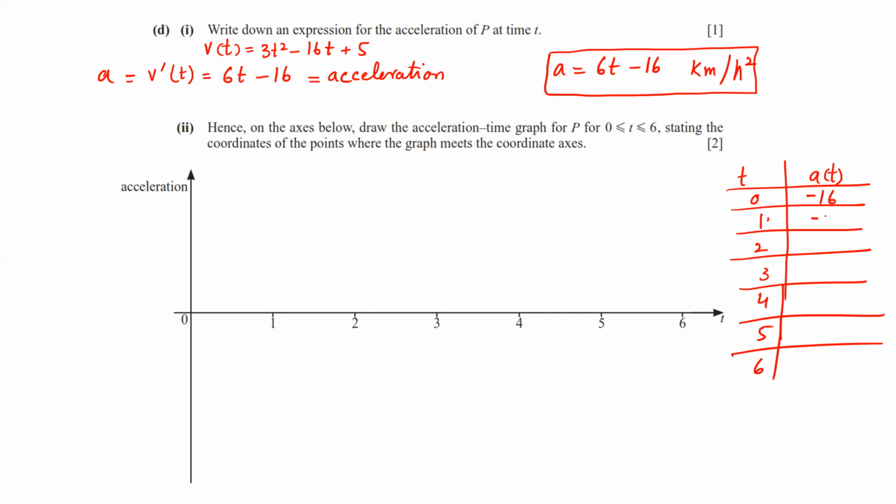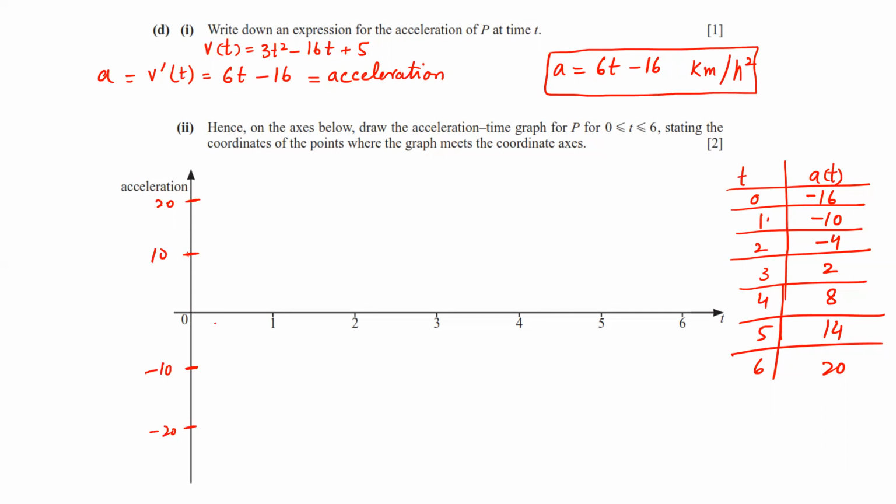At time t equals 1, this will be minus 10. At time t equals 2, it will be minus 4. At 3, it will be 2. At 4, it will be 8. At 5, it will be 14. At 6, it will be 20. So minus 20 to plus 20. Make it something like this. So this is 10, this is 20, this is minus 10, this is minus 20.